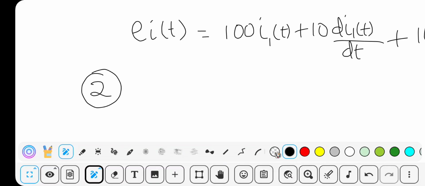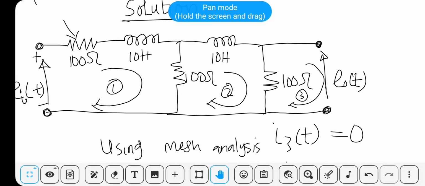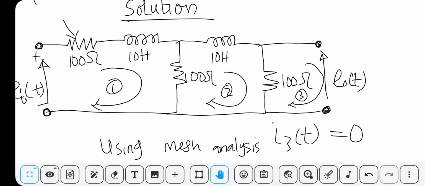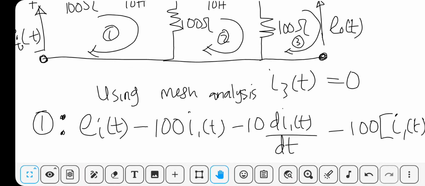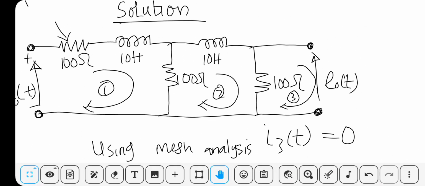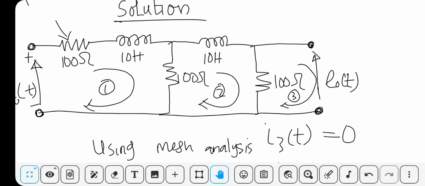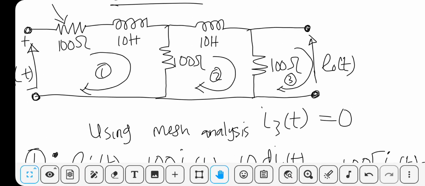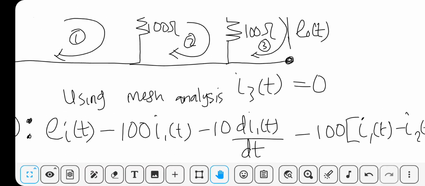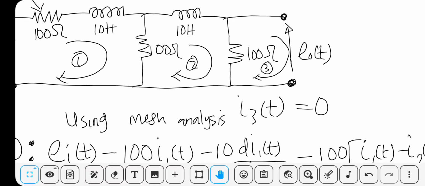Now for mesh 2, we have a 100 ohm resistor common to mesh 1 and 2, and also a 100 ohm resistor common to mesh 2 and 3.